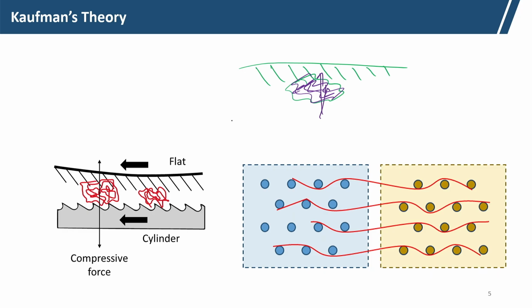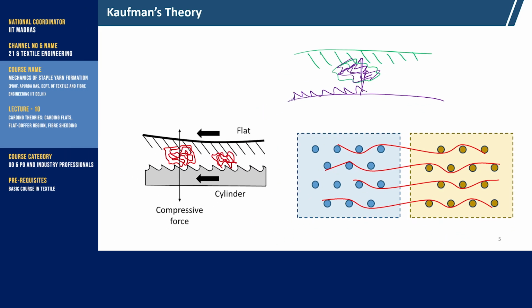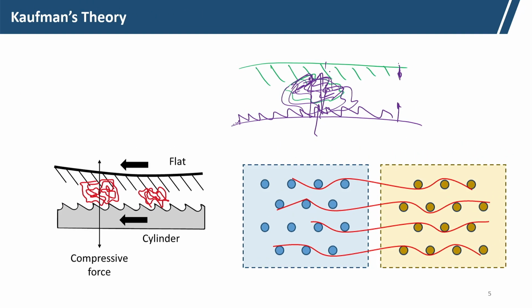When the cylinder comes here, the cylinder has pins. Due to the presence of both surfaces, the cylinder surface and flat surface, the fiber tuft is a compressive material. Due to this compressive material, these fibers penetrate inside the pins of both the cylinder and the flat.